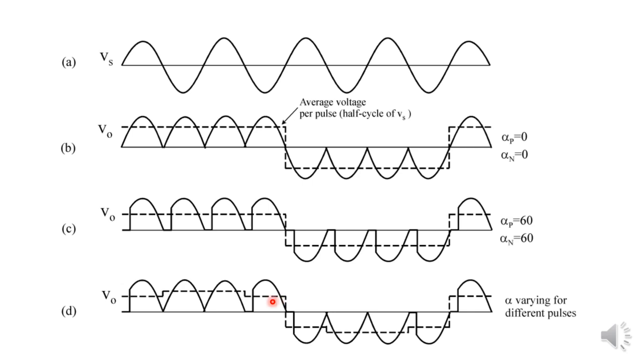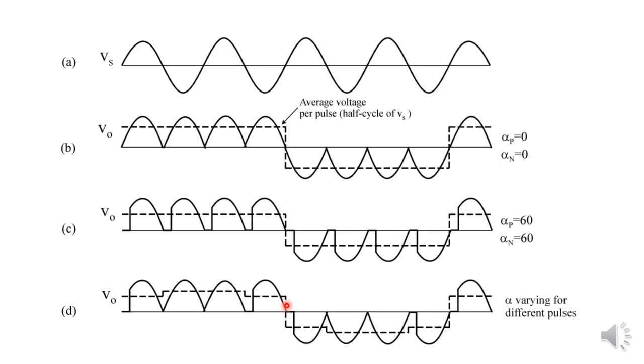So the average value of output voltage is somewhat like a stepped waveform. Dotted line shows a stepped waveform. This is according to the requirement of the user. That means if our drive demands this type of waveform, you can switch the cycloconverter like this.